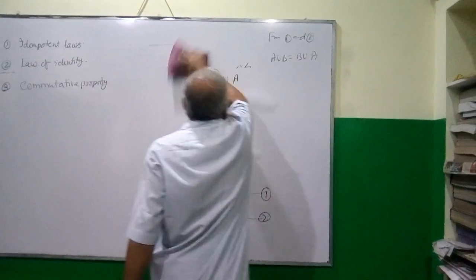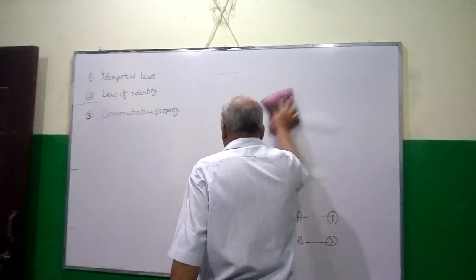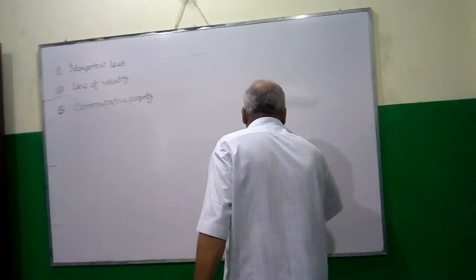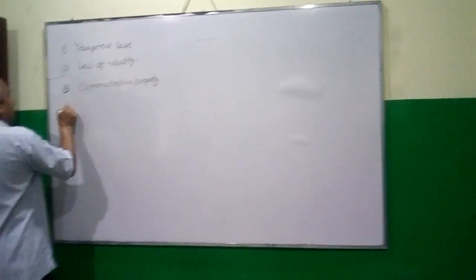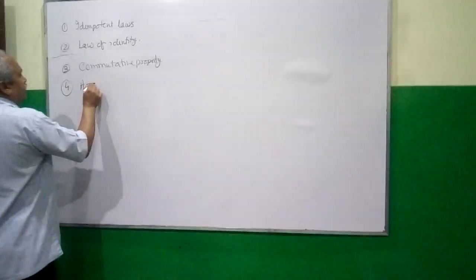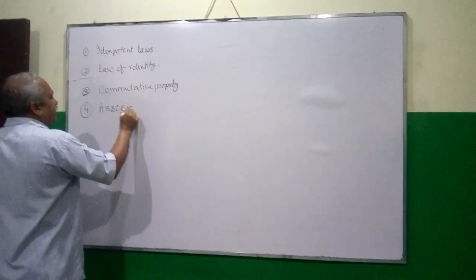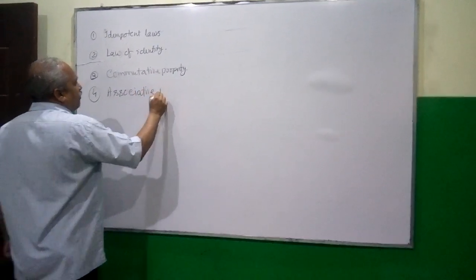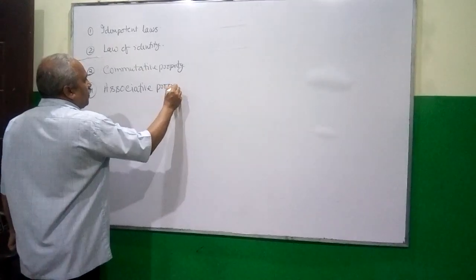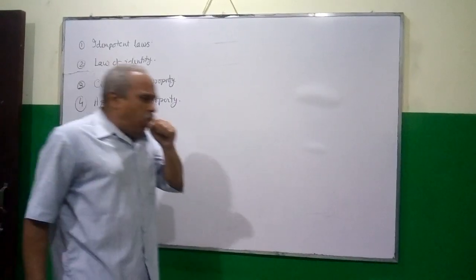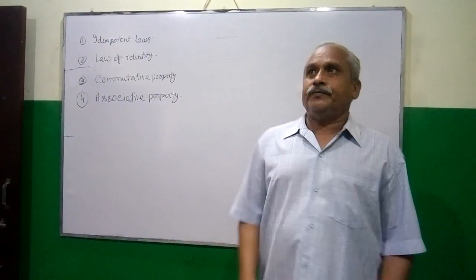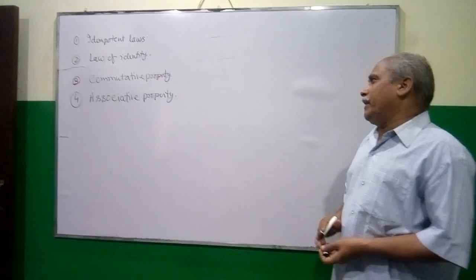Now, the fourth property is the associative law, or associative property. This property we also read in class 6 or 7.